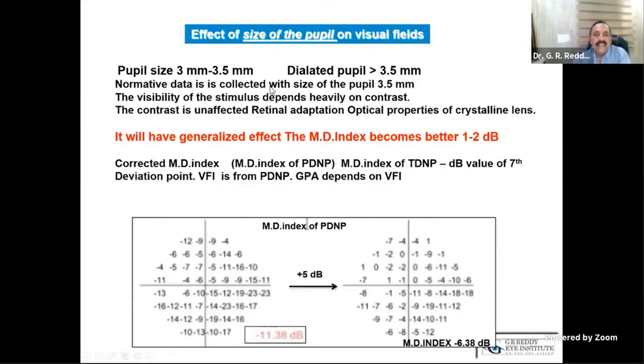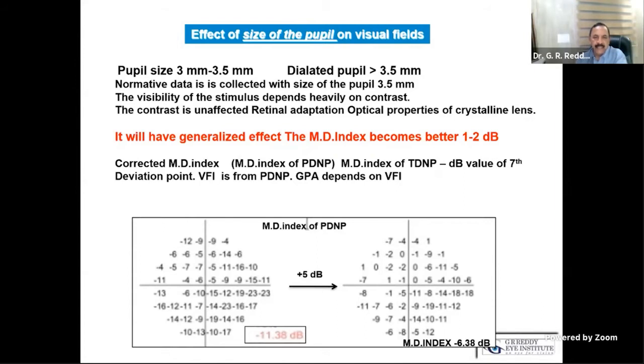Then there is the question of the size of the pupil on visual fields. Normally, the normative data is taken with a pupil size of 3, and the normal size of the pupil is around 3 to 5. And actually, this is a more important practical problem. In the first visit, the patient comes, the AC depth is normal.